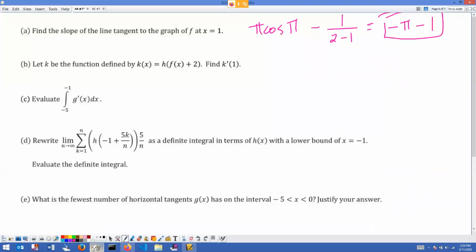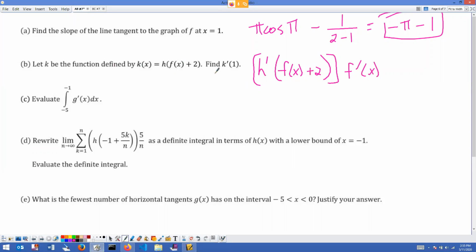All right, we got a new function k of x. K of x is h of f of x plus 2. So they're going to test whether or not you can take the derivative using the chain rule here. So this is h of a function u inside of it. So it should be h prime of f of x plus 2 times the derivative of f of x plus 2, which is f prime of x.